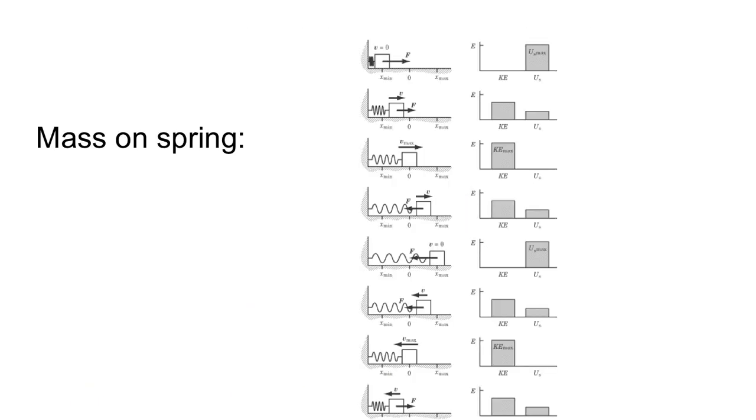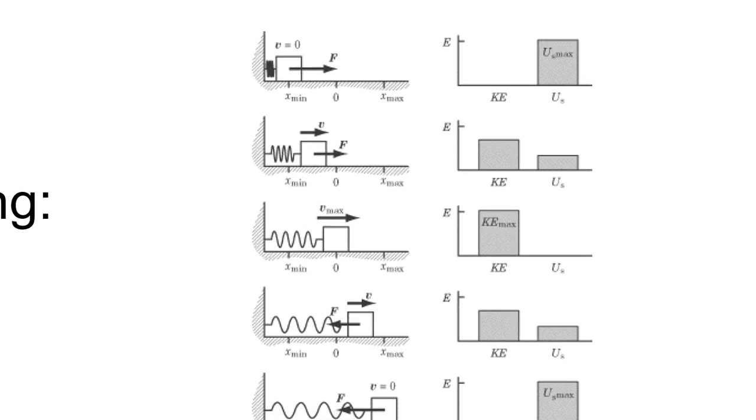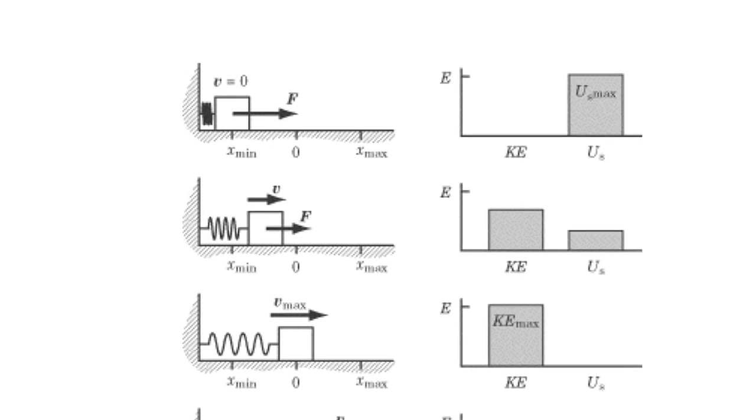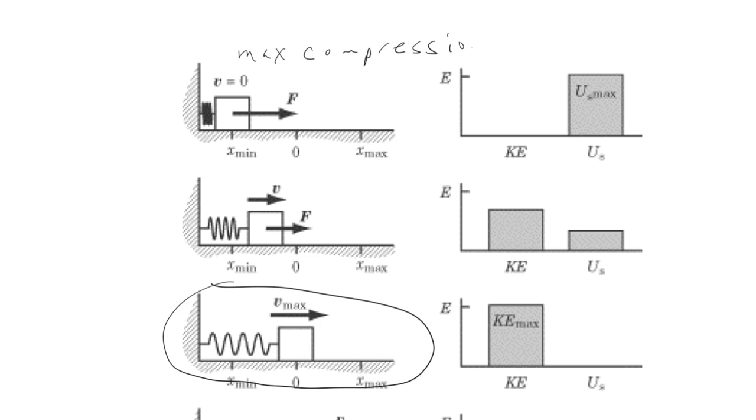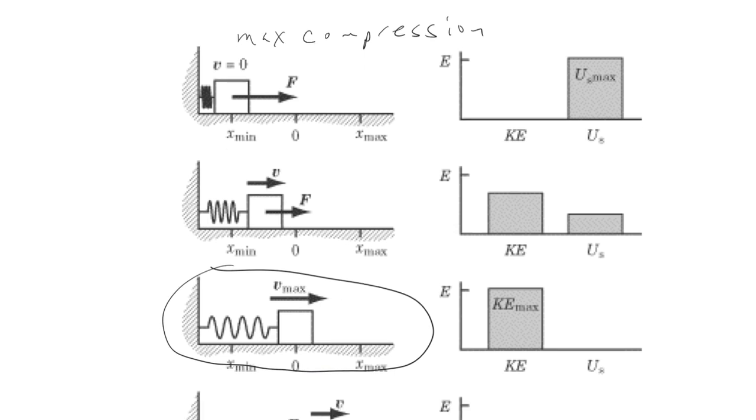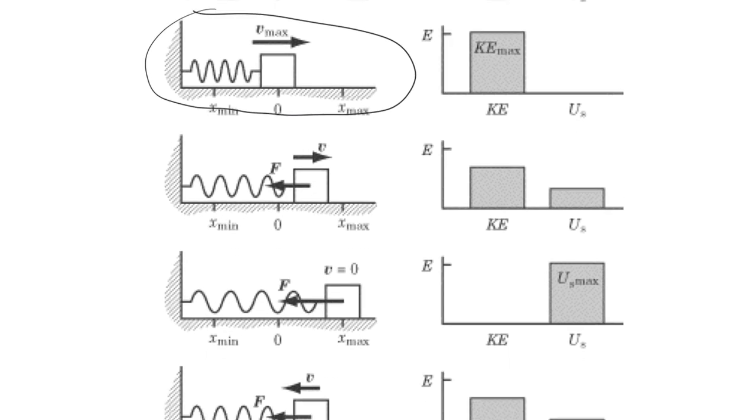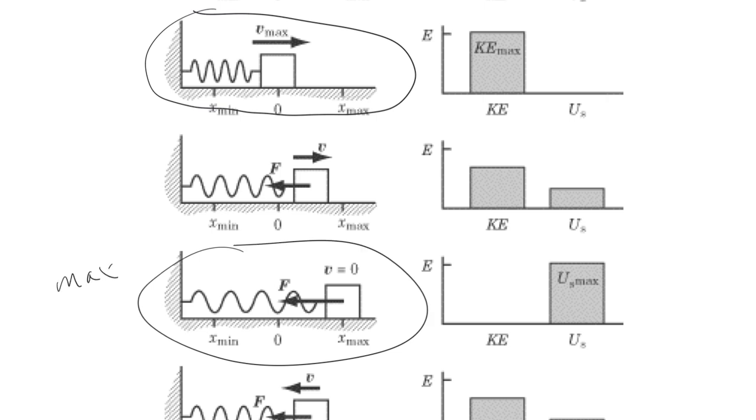Okay, here we have a block on a friction-free surface connected to a spring. So here's the spring when it's relaxed, and here's when it says maximum compression. And if you go down, that's where it's at its maximum extension.